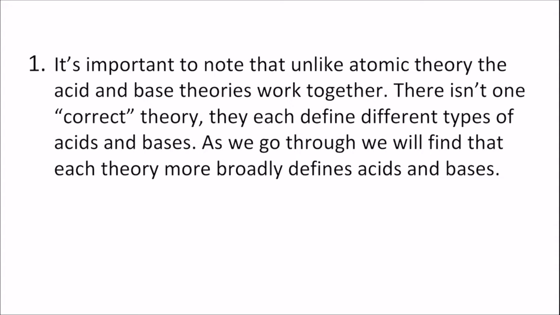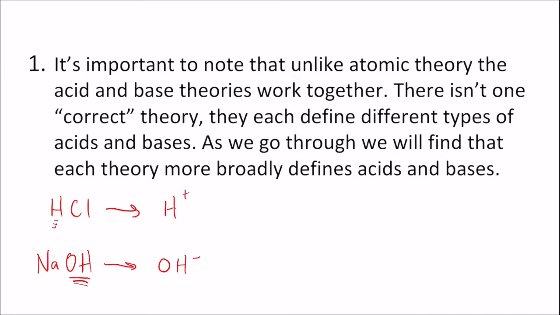For example, with Arrhenius, the only things you could define as an acid or a base had to look like these two things. It's an H in the beginning, so that's an acid, and an OH at the end, that's a base, because when this is put in water, it's going to produce OH-, and when this is put in water, it's going to produce H+.